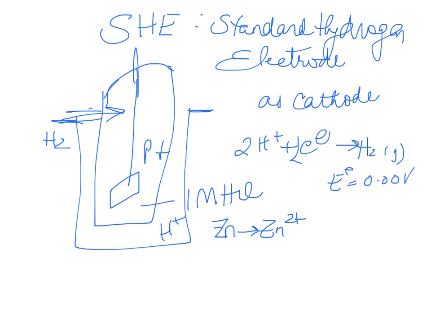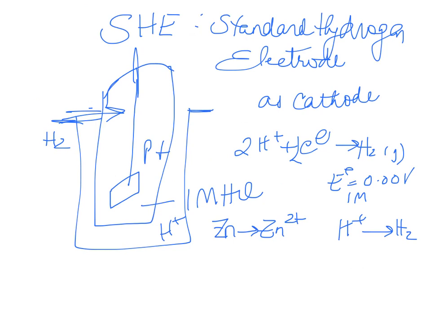That means zinc has a greater tendency to go through oxidation or lose electrons. Hydrogen, on the other hand, is going to gain electrons, so it's going to be reduced to H2 under standard conditions. So what that means is that your concentrations are all 1 molar, pressures are all 1 atm, and temperature is 25 degrees Celsius. So what's going to happen?